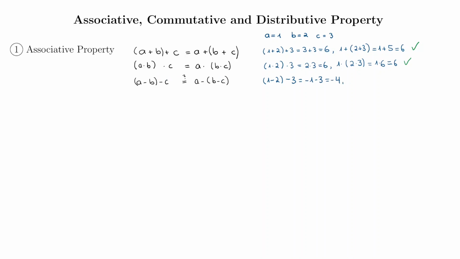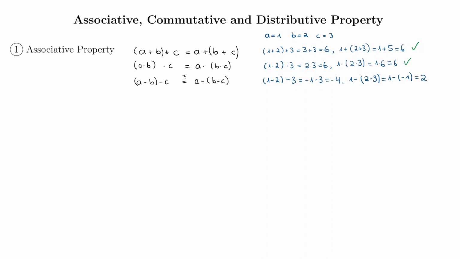The right side would be 1 minus opening bracket 2 minus 3. So we first do this. So we have 1 minus, and then 2 minus 3 is minus 1. And 1 minus minus 1 is 2.